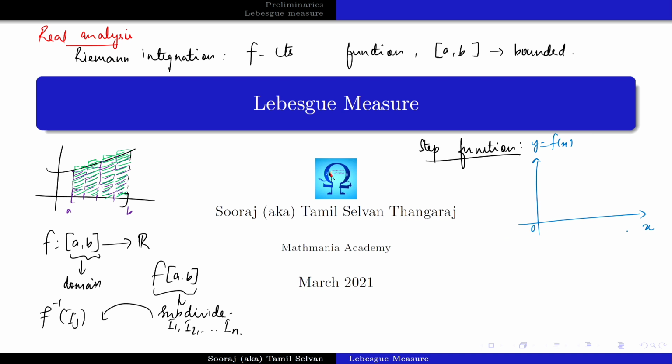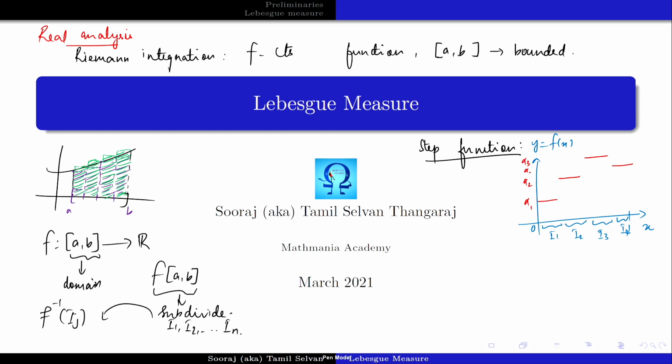For the sake of simplicity, I take the interval 0 to 1. I subdivide this into 4 intervals. In these intervals it takes some values like this. Let this value be alpha 1, let this be alpha 2, this be alpha 3, and let this be alpha 4.